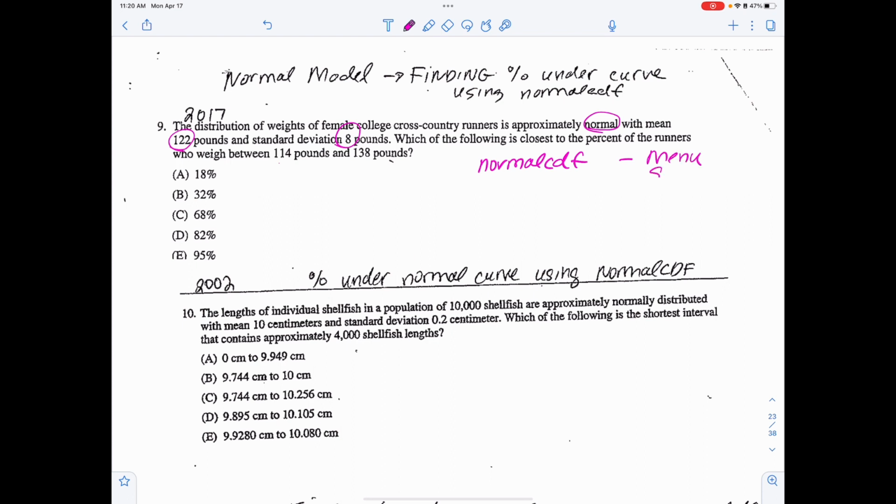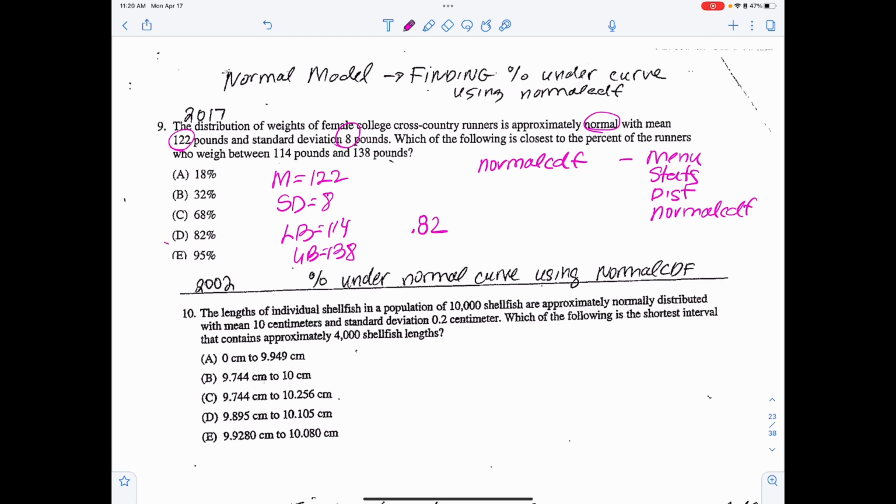Menu, stats, distribution, normal CDF. And you have the mean is 122, the standard deviation is 8, the lower bound is 114, and the upper bound is 138. When you get that, you will get 0.82, and that's going to be your answer.